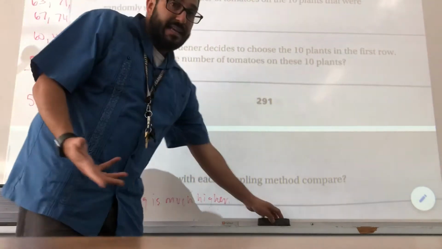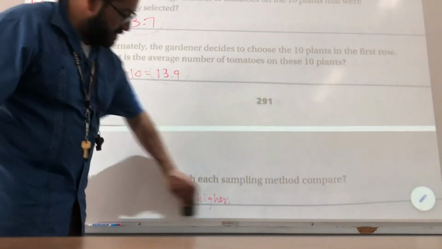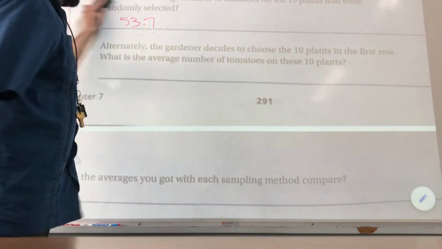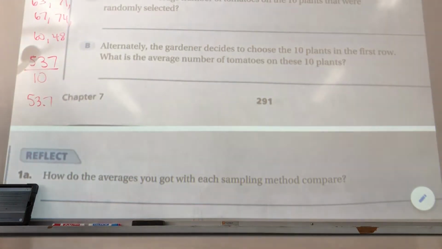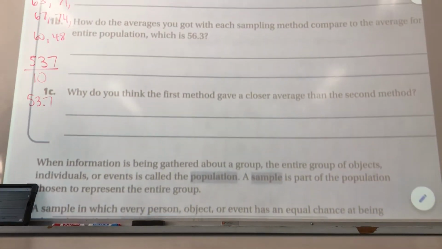And that is because that first row has a lot fewer tomatoes than the random ones that I chose. As you can see, my random ones, except for the 18 and the 15, are mostly in the 40s or above.